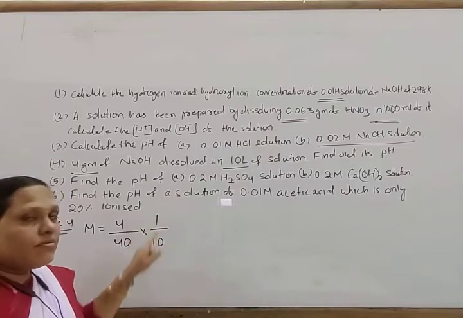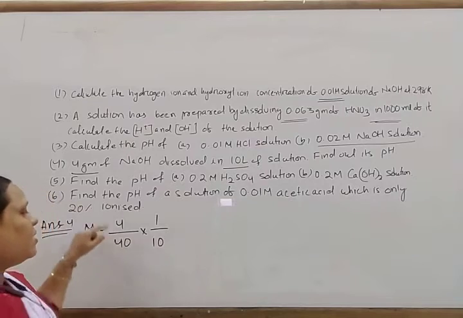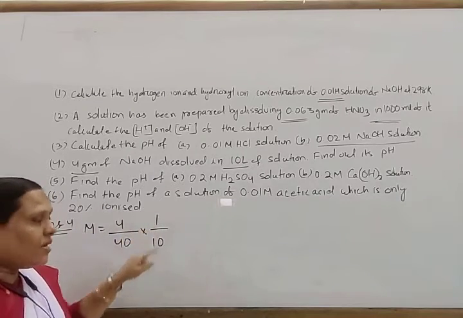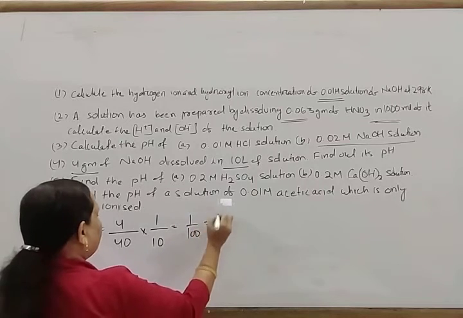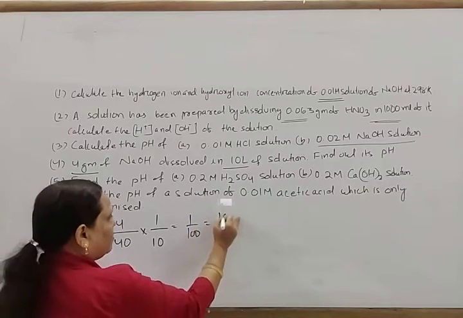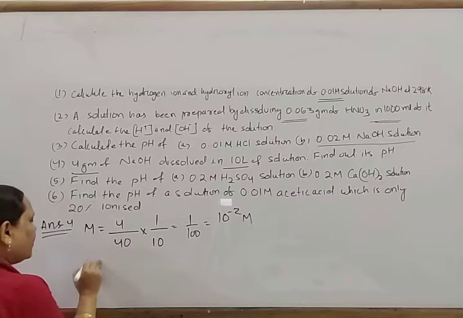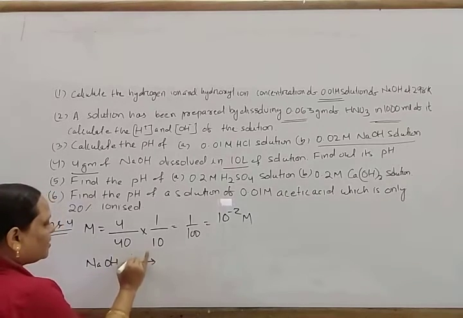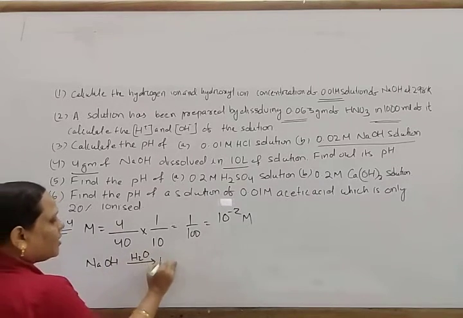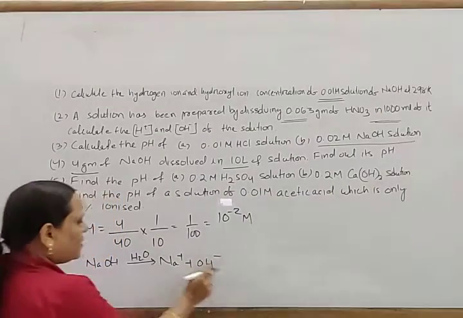Here it is 1 by volume because it is given in liter, number of moles per liter. So 4 by 40 into 1 by 10 is equal to 1 by 100, that is 10 to the power minus 2 M. And again, sodium hydroxide is a strong alkali and undergoes complete dissociation to give Na plus and OH minus.